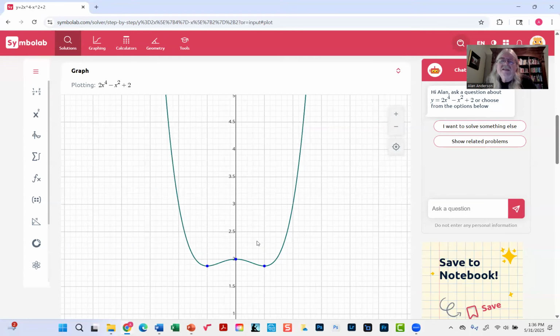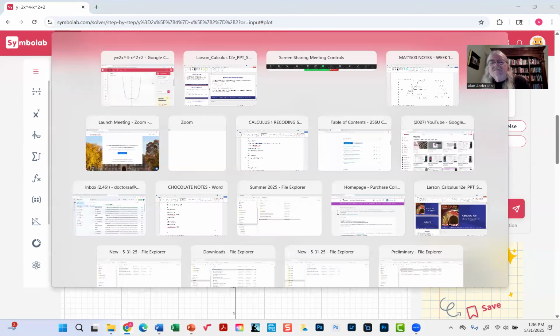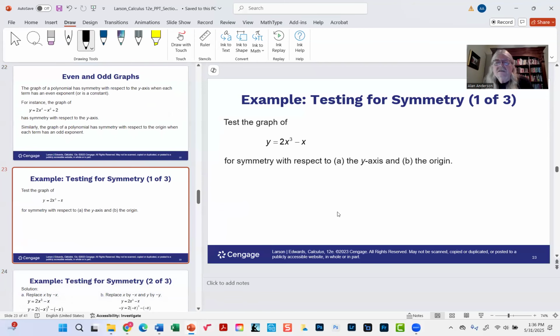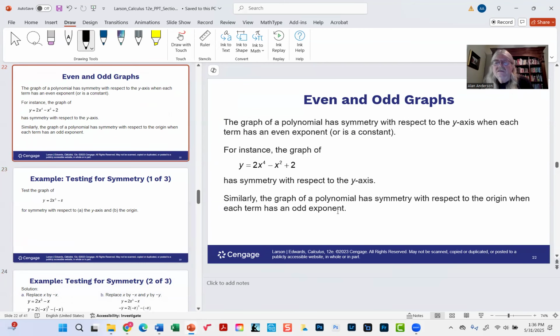Yeah, so even though the behavior is a little bizarre, you can see it does somewhat resemble a parabola, and you can see the symmetry very quickly and easily. What's going on on the right-hand side and the left-hand side are mirror images of each other. Okay, I guess that's all they wanted us to do.